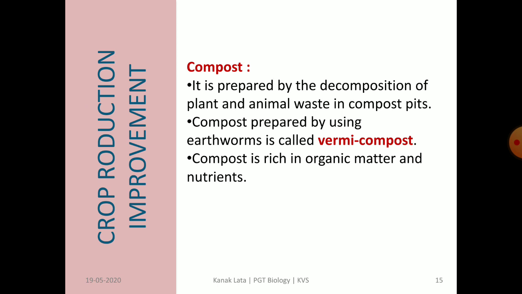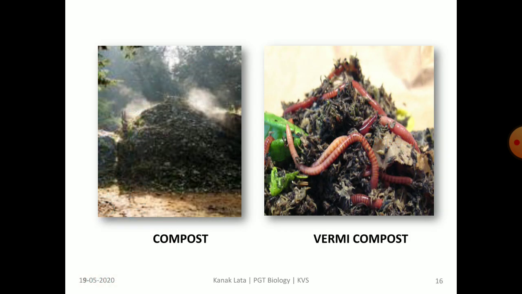Preparation time of vermicompost is less than the simple compost. The given figure shows compost and vermicompost. You can see here that in vermicompost, red earthworm is used for fast decomposition.